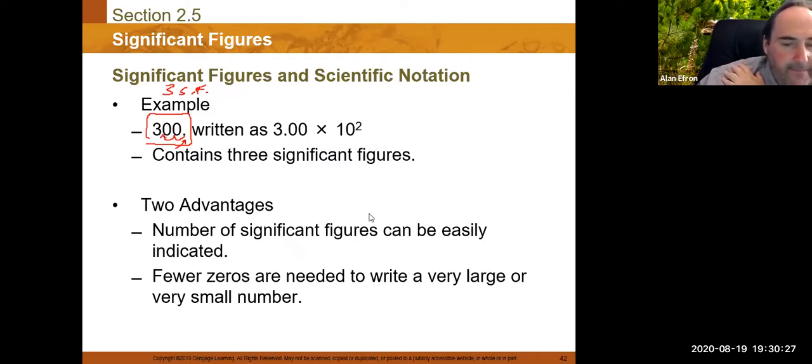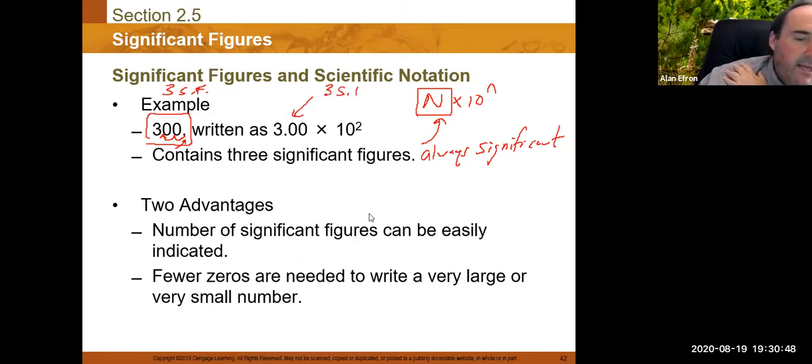Now, when we write a number in scientific notation, this part of the number is always significant. So when we write 3.00 times 10 to the 2, this still has 3 significant figures. And when you go from decimal to scientific notation, you should never lose any significant figures along the way.